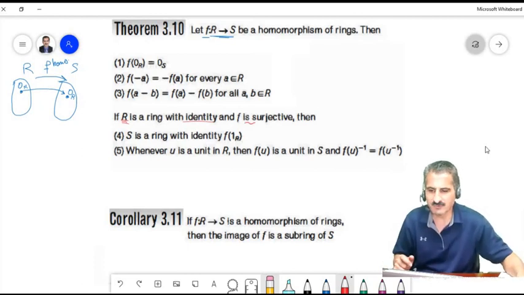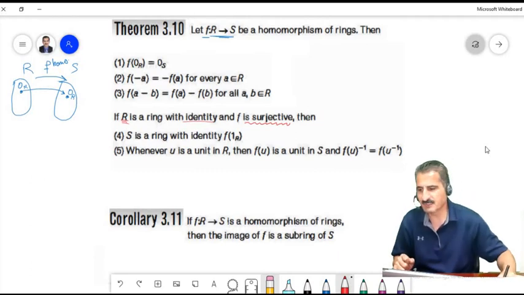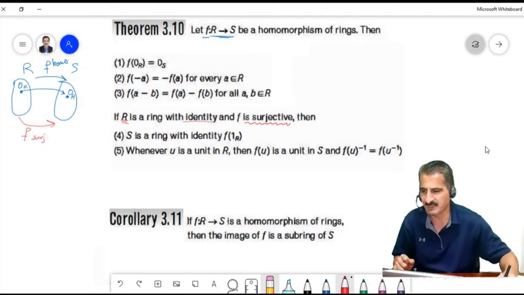But we also require f to be surjective. If we add one more property, which is f surjective, then the identity of the ring R will be mapped to the identity of the ring S. And I shall replace this here with the 0 of S.